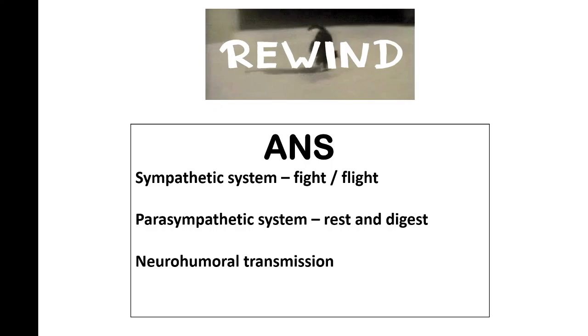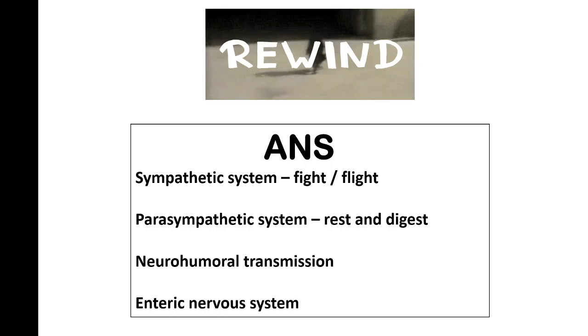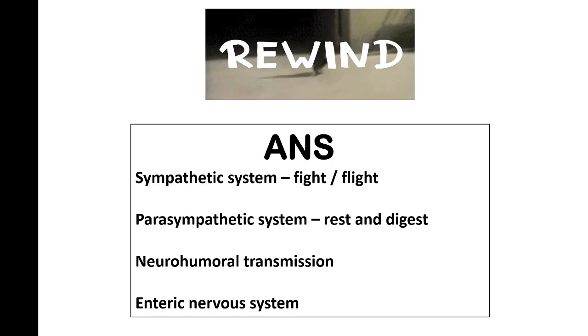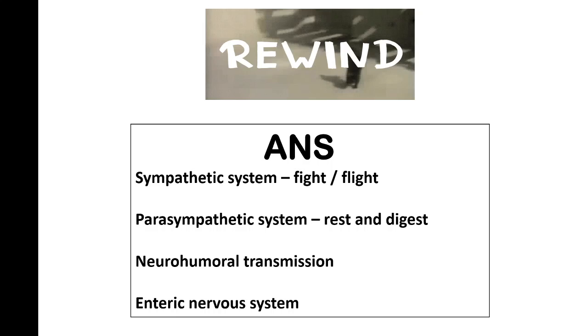And we saw the enteric nervous system, basically the gut brain, which controls GIT movement, secretion and absorption. So that is the enteric nervous system. So this was all about the introduction or revision part of ANS.